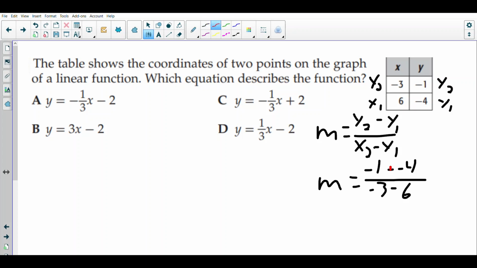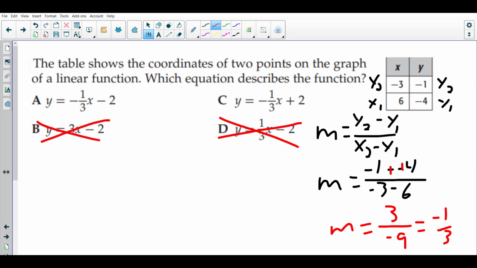We have a double negative here. So we end up with -1 plus 4, which is just 3, over -3 minus 6, which is -9, which just gives us -1/3. Right away, we can see our slope is -1/3. So we can do a process of elimination and know it is not D and it is not B.